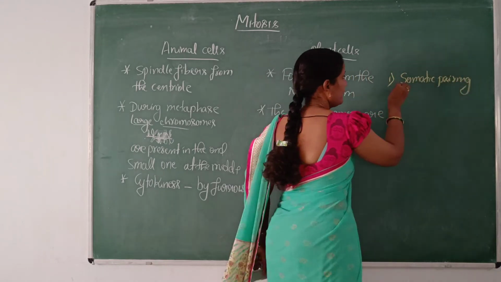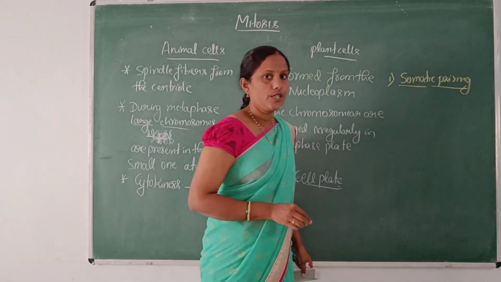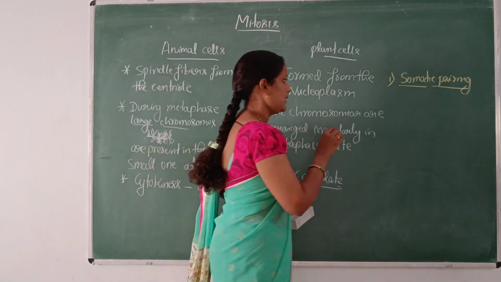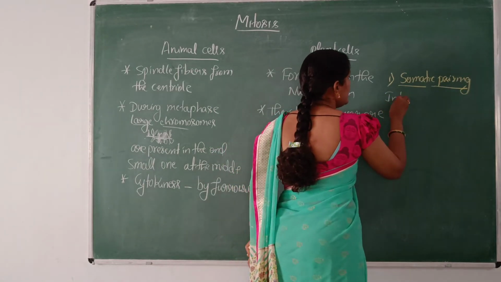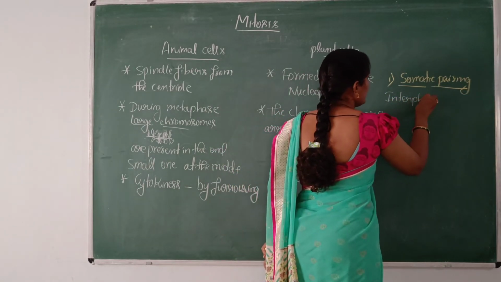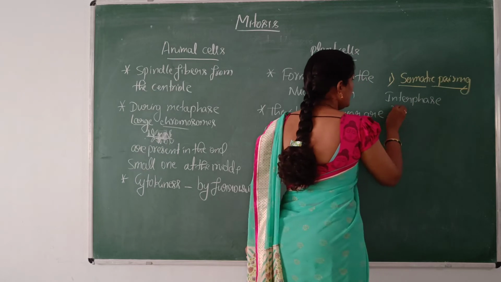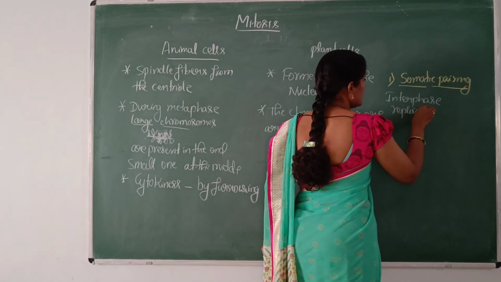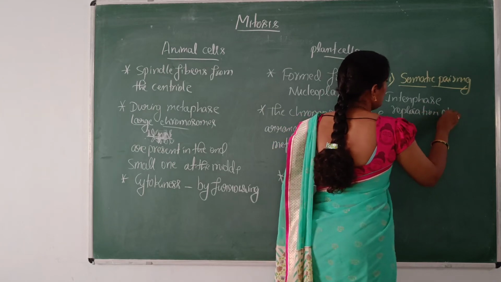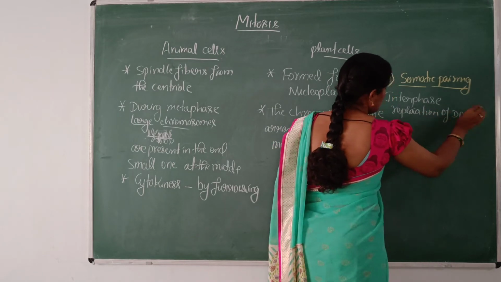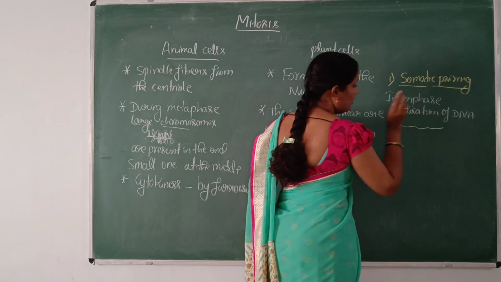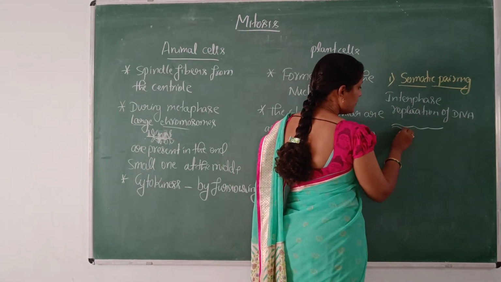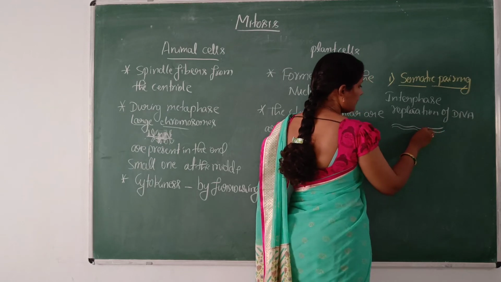Somatic pairing. This is a special terminology. We have discussed that in interphase there is a replication of DNA. Here is one chromatin network, and it will produce its same copy, right?